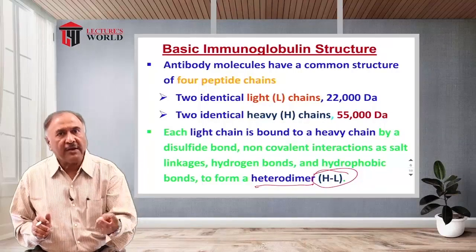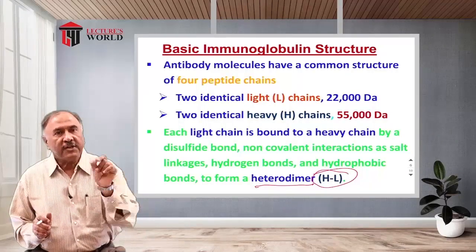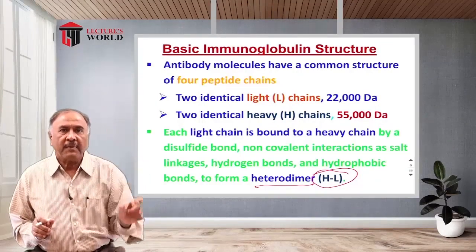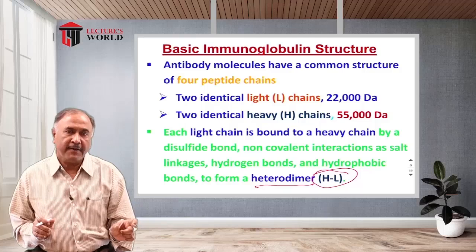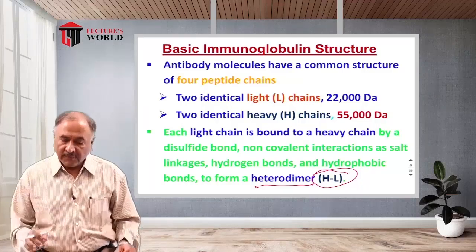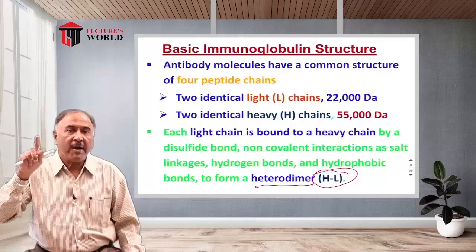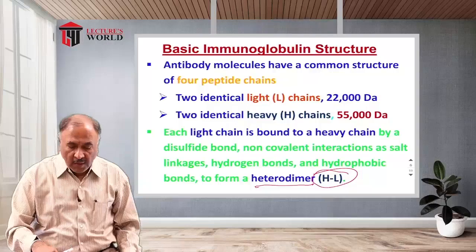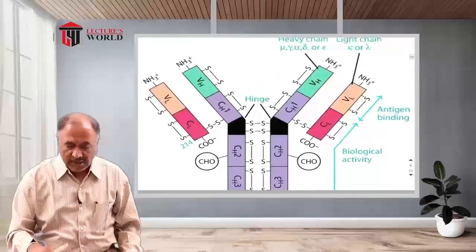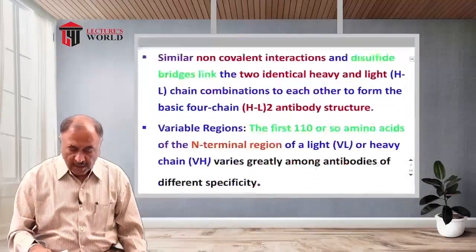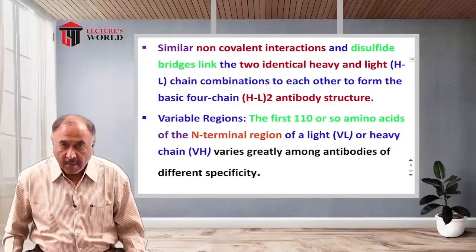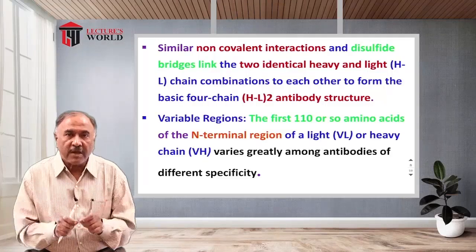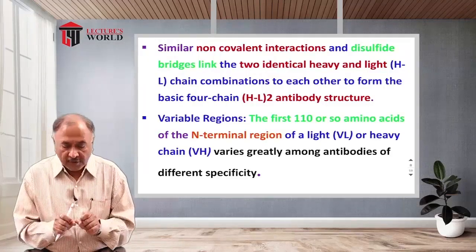So there are 2 light chains and 2 heavy chains. Light chains are bound to heavy chains, and that becomes an HL heterodimer. Similarly, another light chain will bind to a heavy chain and become another heterodimer. Now, these heterodimers also bind with each other.